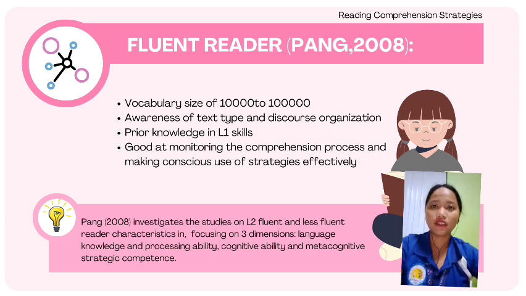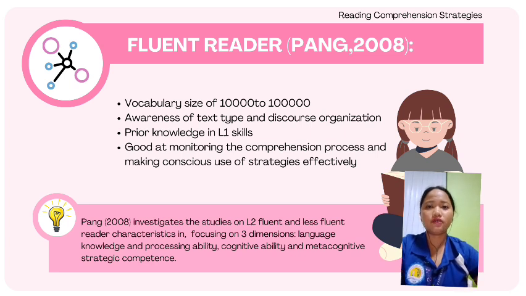Another important factor is their prior knowledge in their first language, or L1, which they use to support their reading skills in second language, or L2. In addition, fluent readers actively monitor their understanding while reading. If they encounter difficulties, they use effective strategies such as rereading, summarizing, or making predictions to improve comprehension.